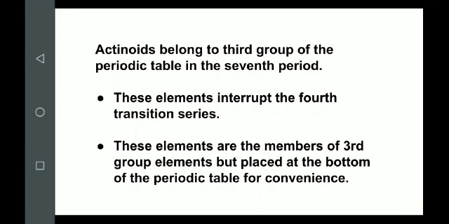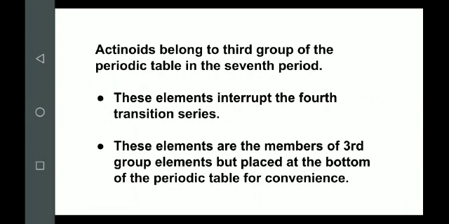All of us know that the periodic table is made up of 18 groups and 7 periods. Now out of these 18 groups, your actinoid interrupts the third group of the periodic table and the seventh period, which is also your fourth transition series.